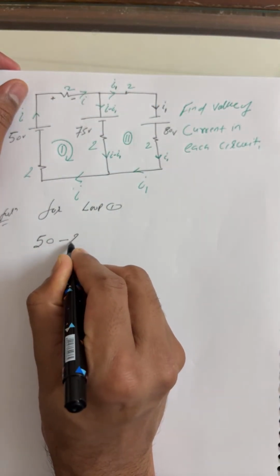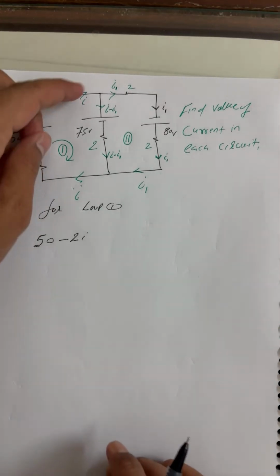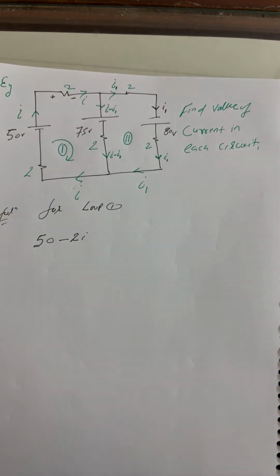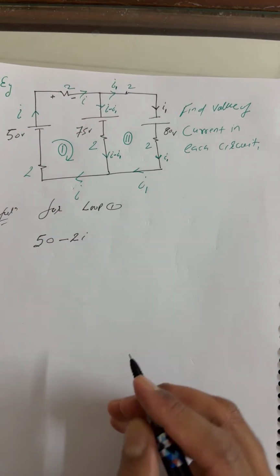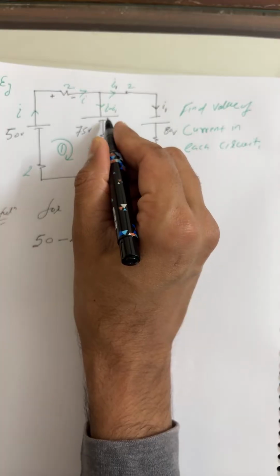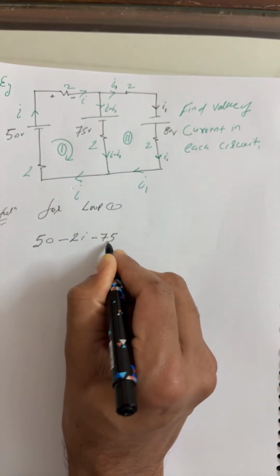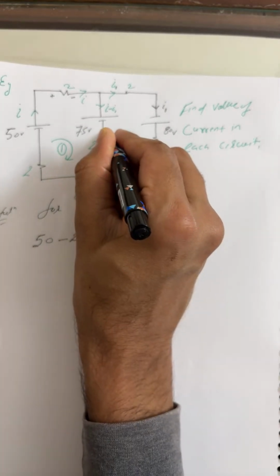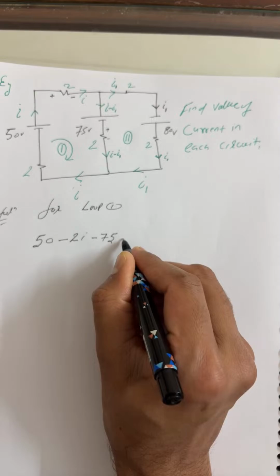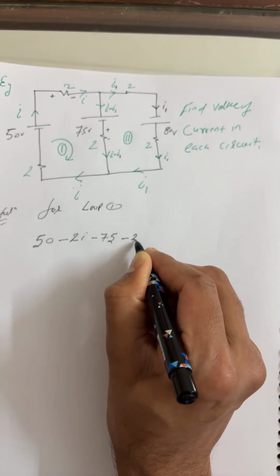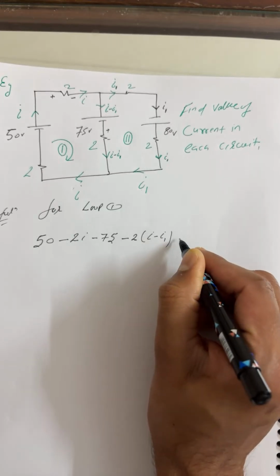Minus the charge, 2I. Then moving in this direction, it is plus 2 minus minus 75, minus 75. Again here you can take plus or minus: plus 2 minus twice of I minus I1.